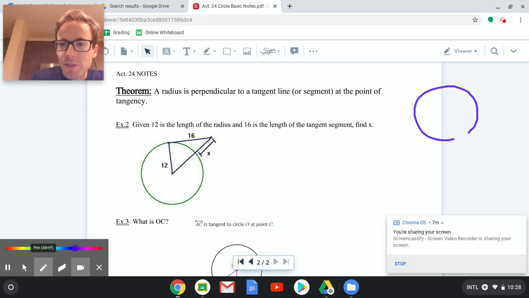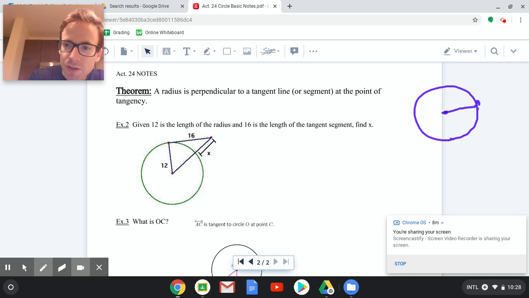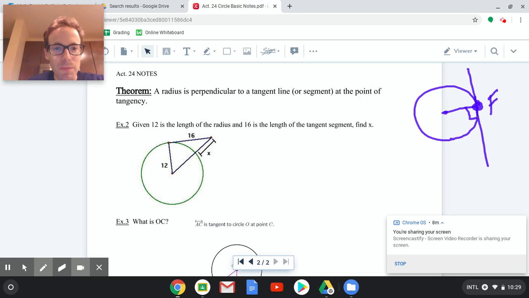If you have a circle and you have a radius and a tangent where they both meet at the same point, right here, for instance, I'll call this point F. So if you have a radius and a tangent and they meet at the same point, they will always be perpendicular. So they will form a right angle.